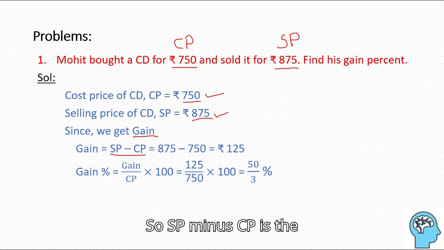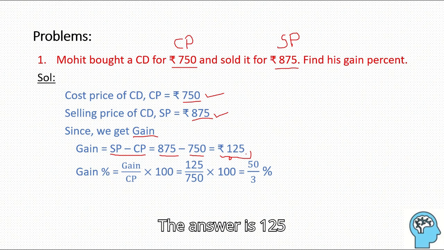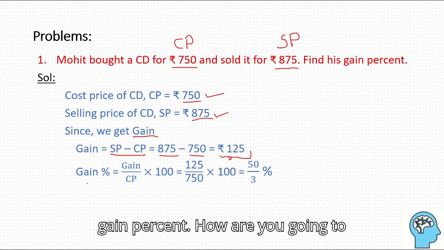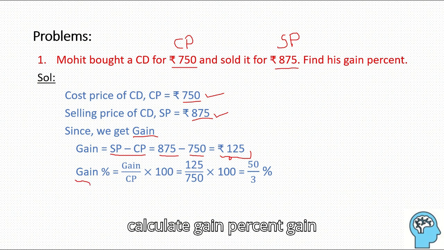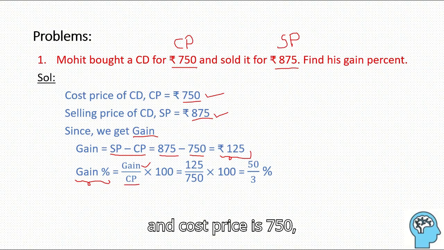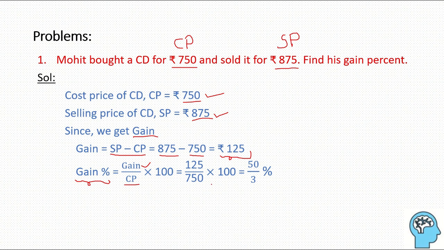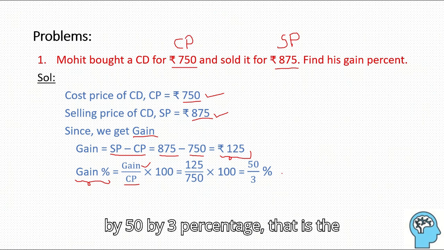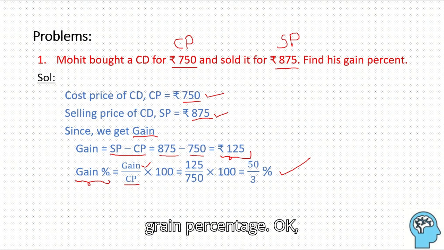So SP minus CP is the formula, and 875 minus 750, the answer is 125. Gain percent. How are you going to calculate gain percent? Gain by cost price into 100. So gain is 125 and cost price is 750, into 100. So that is 50 by 3 percent. That is the gain percentage.